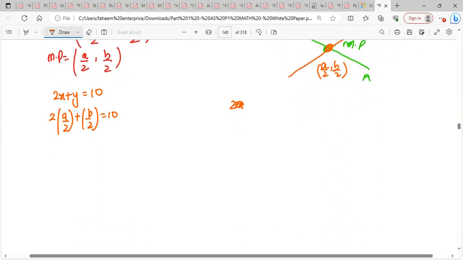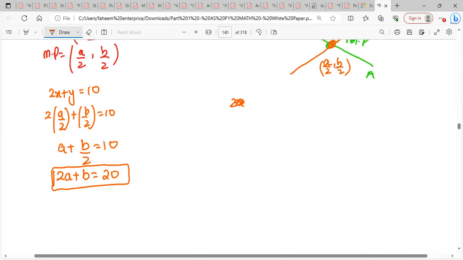This should be a + b/2 = 10, so 2a + b = 20. This becomes your equation, because normally the question is already given. This is 2a + b, and 2a + b is equal to what?